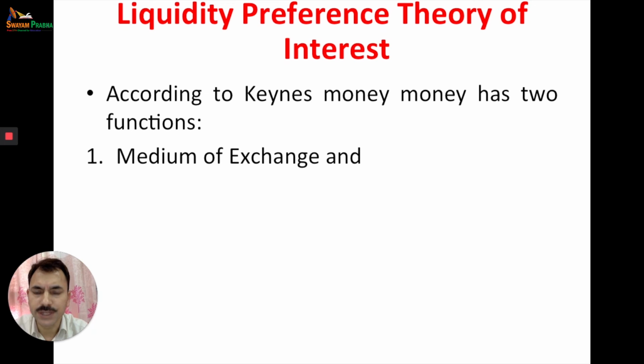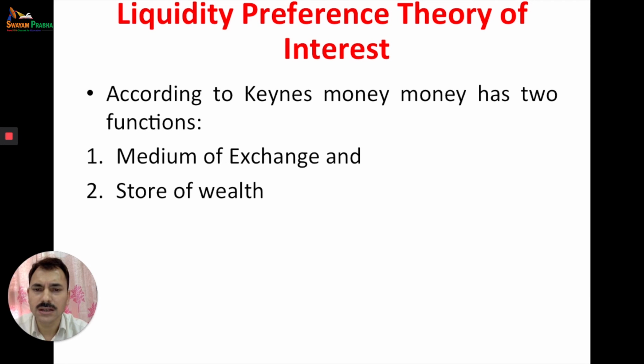One, medium of exchange, and second, store of wealth. Whereas classical theory says that money has only one function, that is medium of exchange. Otherwise, money is neutral. It doesn't affect the real factor of economy. Whereas Keynes says that no, money has another function, that is store of wealth also. It can affect the real factor of the economy.